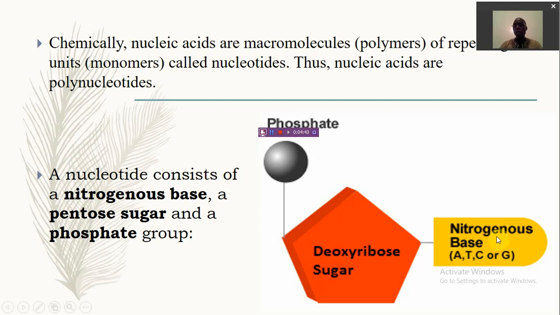And thirdly, all nucleotides have got a nitrogenous base. That's a nitrogen containing molecule, and there are basically four types of nitrogen containing molecules, which are named as adenine, thymine, cytosine, and guanine.